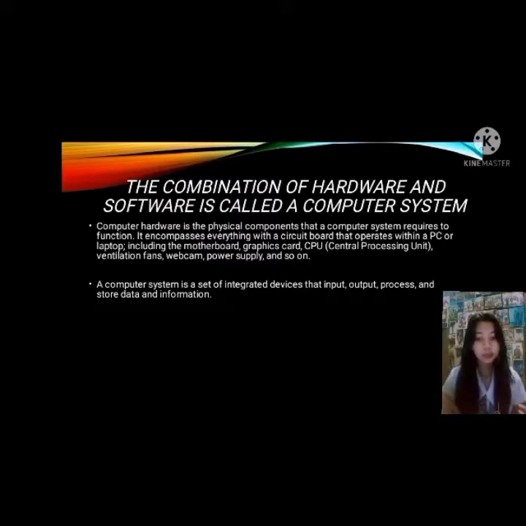So ang hardware is muna siya ang mga physical touch natin nga makikita sa computer system, sa computer. And software naman is muna siya ang Microsoft naton, PowerPoint, Word ang makikita sa computer.